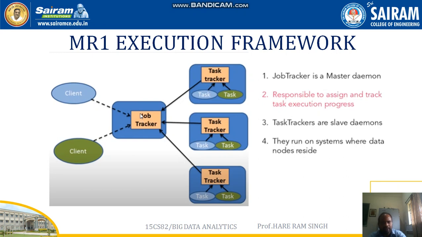So it is mainly responsible for tracking the task execution process. Task trackers are slave daemons, available in the slave node. They run on the systems where data nodes reside, and task trackers are responsible for the execution of the task.